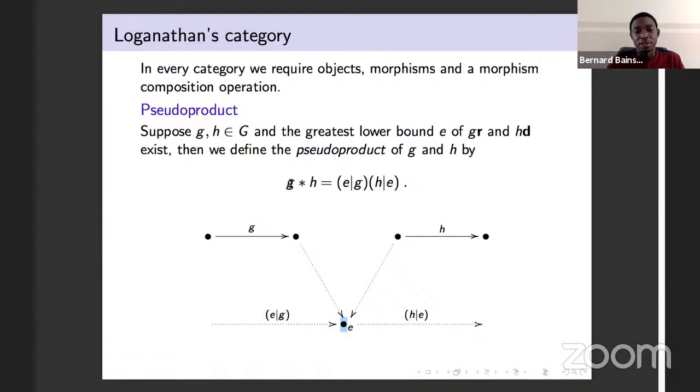So that the pseudo product of g and h will be the composite of the co-restriction of g to e composed with the restriction of h to e. So the pseudo product of g and h will be this morphism that we have on the next row.